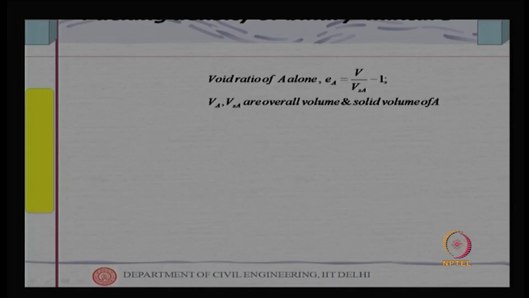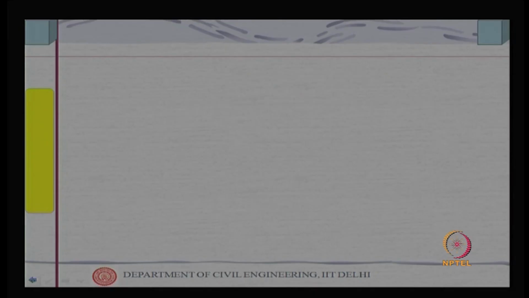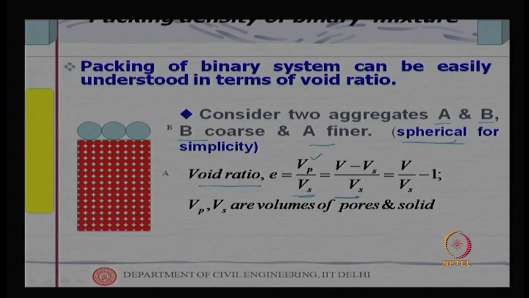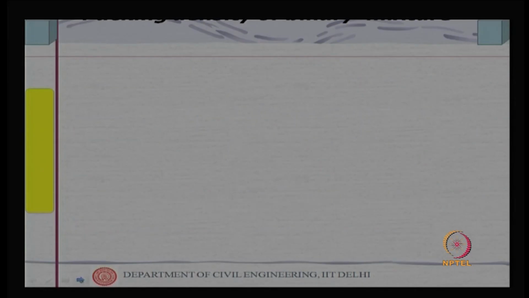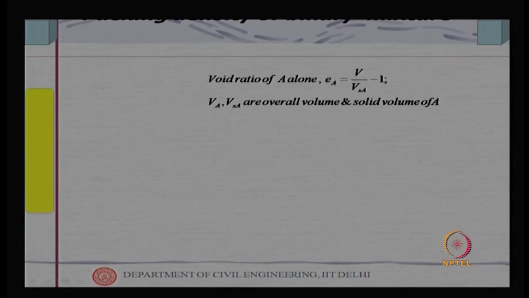Now, void ratio of A alone will be overall volume, let us say A fills the total volume alone, divided by volume of solids of A, minus 1, because we have defined the void ratio earlier by this equation. So, void ratio of A alone will be V divided by VSA, that is the solid volume in total, V minus 1, right.